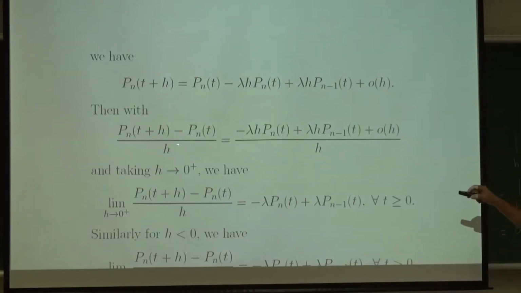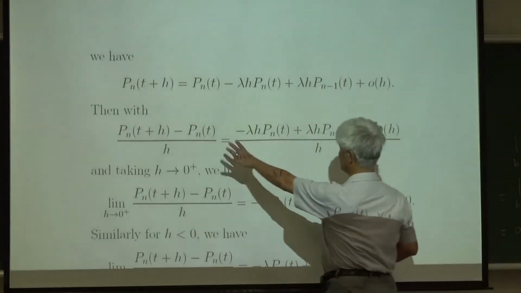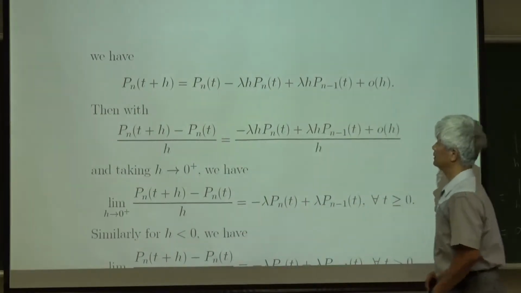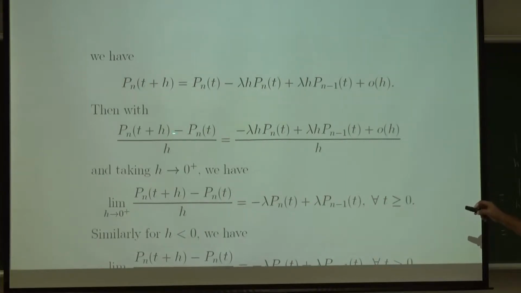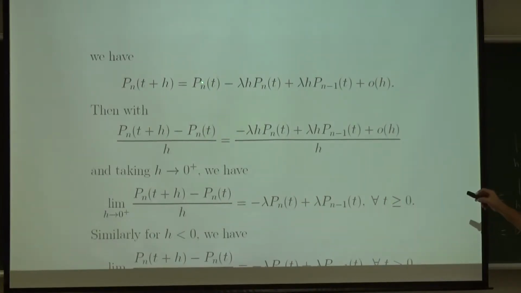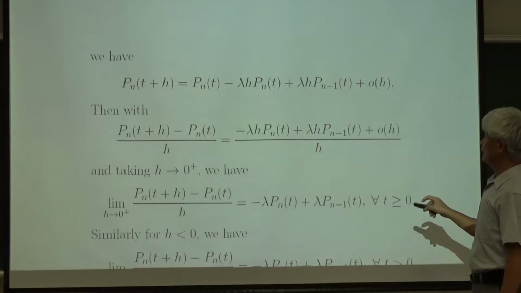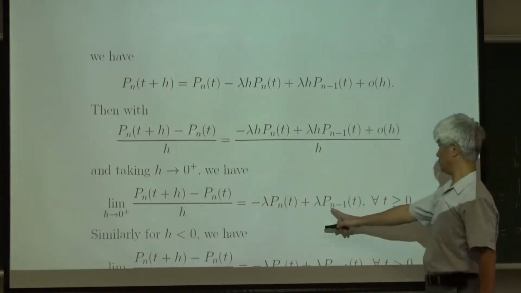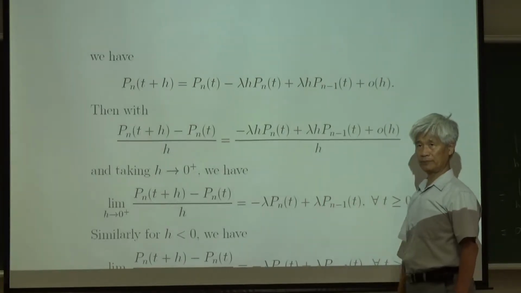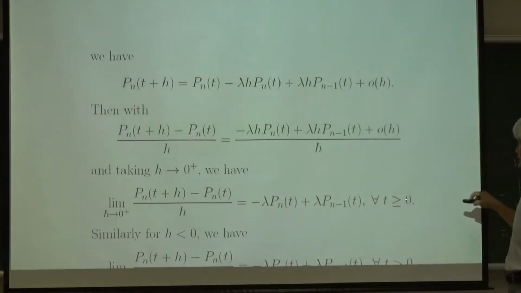We use the same technique to find this ratio and this ratio. By taking h going to 0 from the right-hand side, we find that the limit exists, which is equal to this sum, for all t greater than or equal to 0.